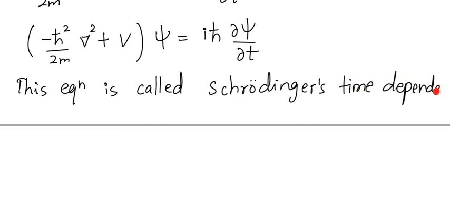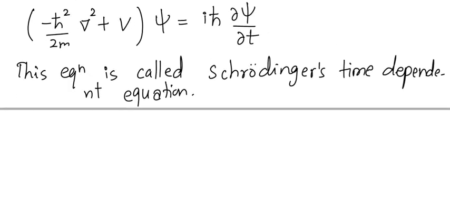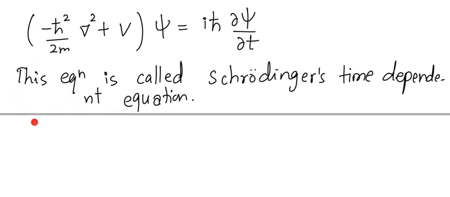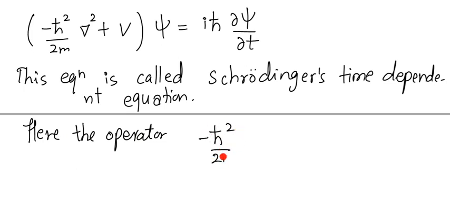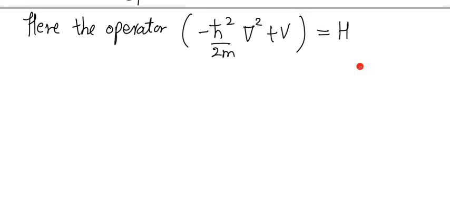Okay, and keep in mind that this operator, minus h cut square by 2m Nabla square plus V, is equal to H, and this H is basically called the Hamiltonian. This H is called Hamiltonian.